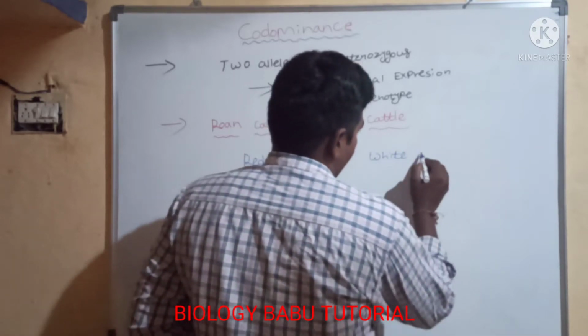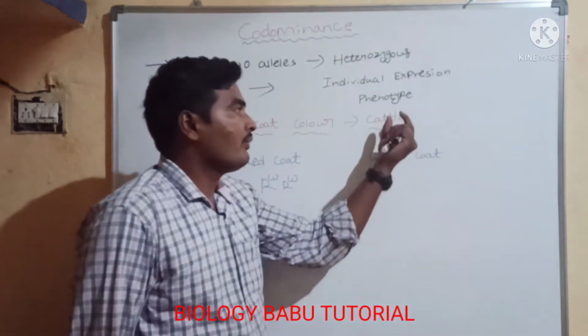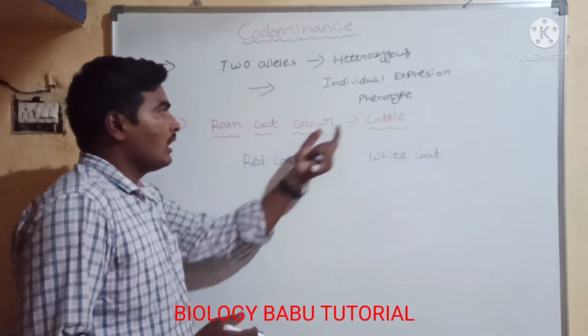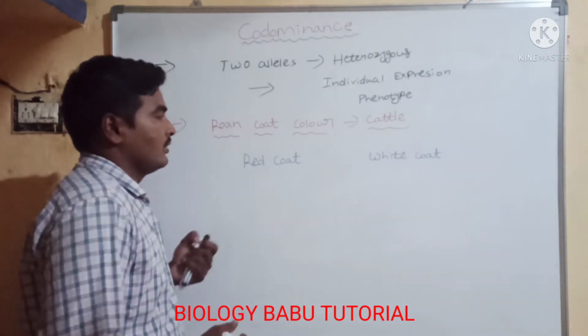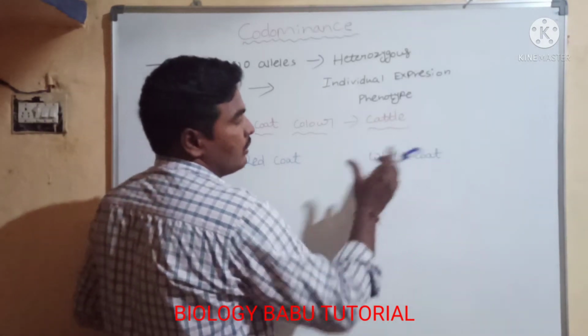So this is the white coat, and this is the red coat of cattle, the phenotypic ratio.